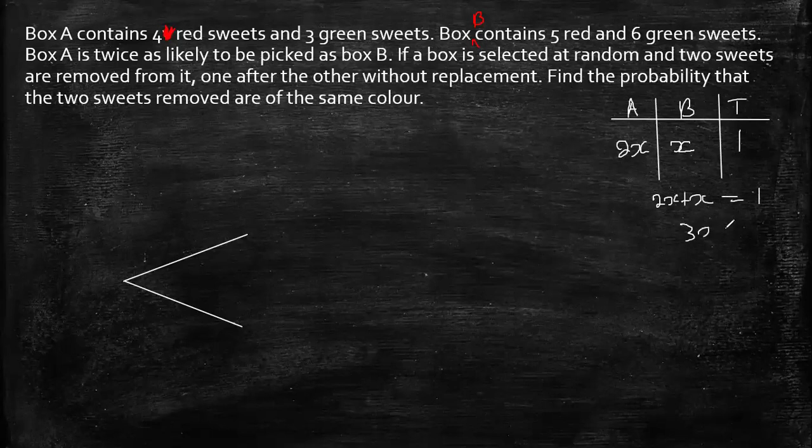This gives us 3X equal to 1. Then we divide both sides by 3, and X becomes a third. So the probability of picking A is 2 times a third, which is 2 out of 3, and the probability of B is 1 out of 3.